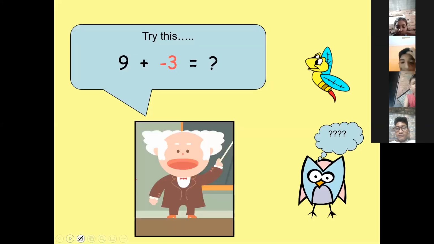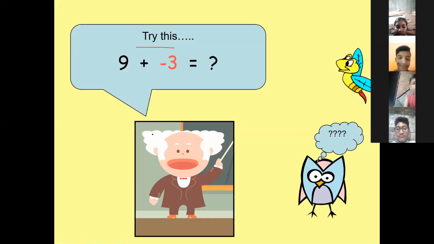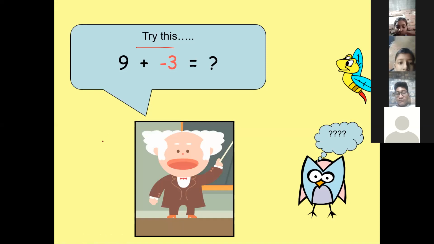Okay. Now try this. What will be the answer? Write your answer in the comment section. Write your answer in the comment section fast. What will be the answer? Everyone write your answer. Zain Khan, open your video. I will not remind each and everyone every time.